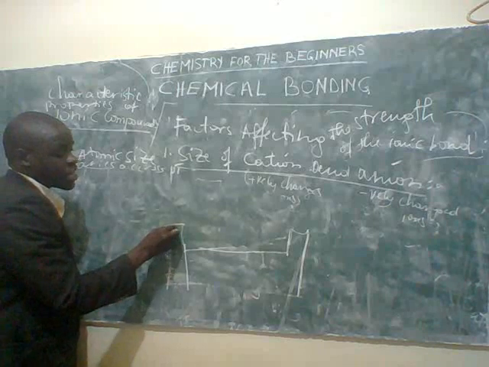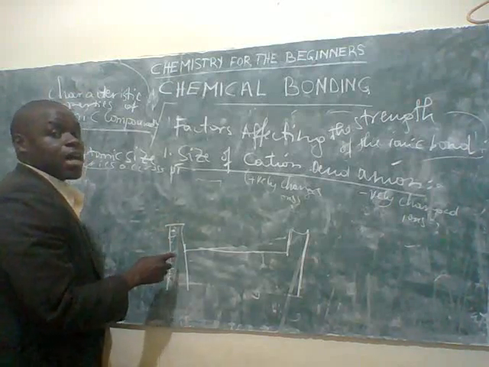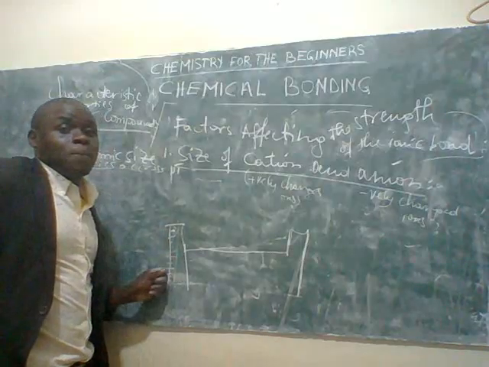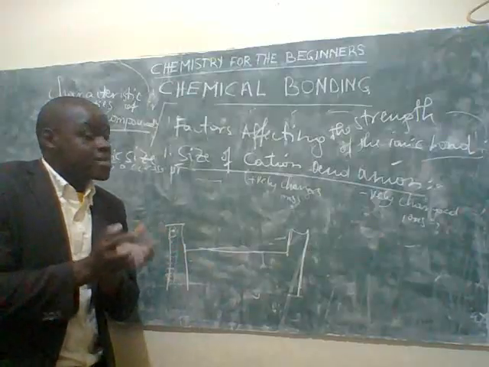Those which are in the first group will fall in those with the big cation atomic size.